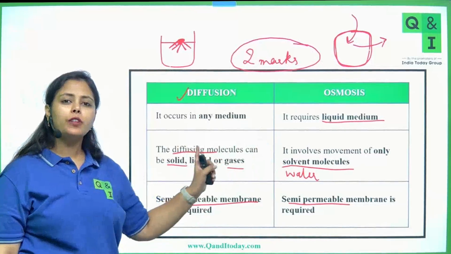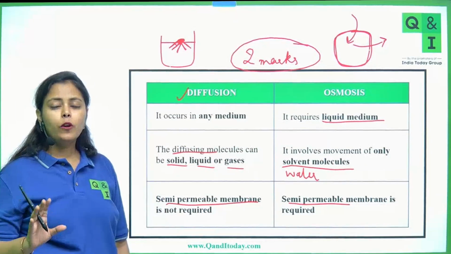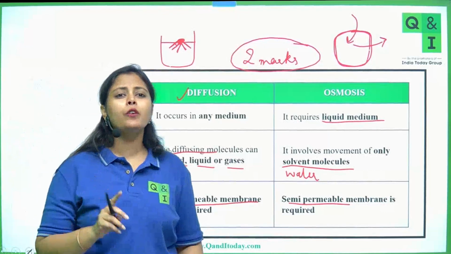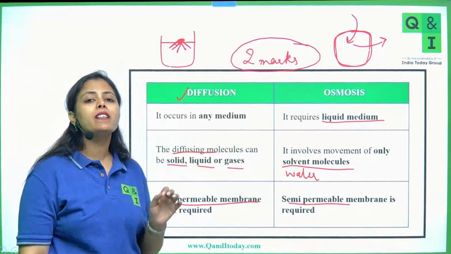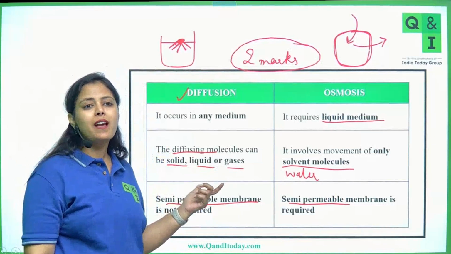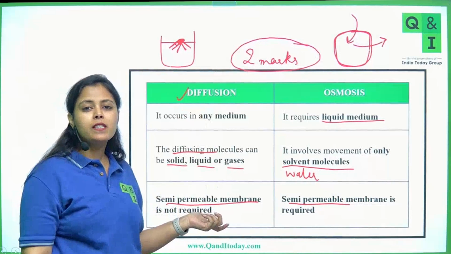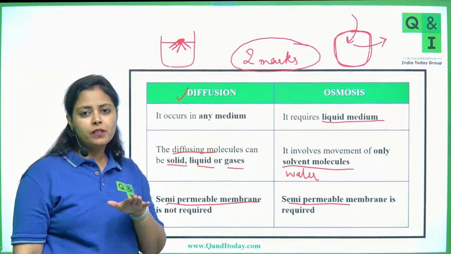Have you noted down the three differences between diffusion and osmosis? Okay, clear? Now you can also write, take your time. You can also add one example in this. So the example would be diffusion of gases. So you can say the movement of oxygen from outside to inside of the cell.